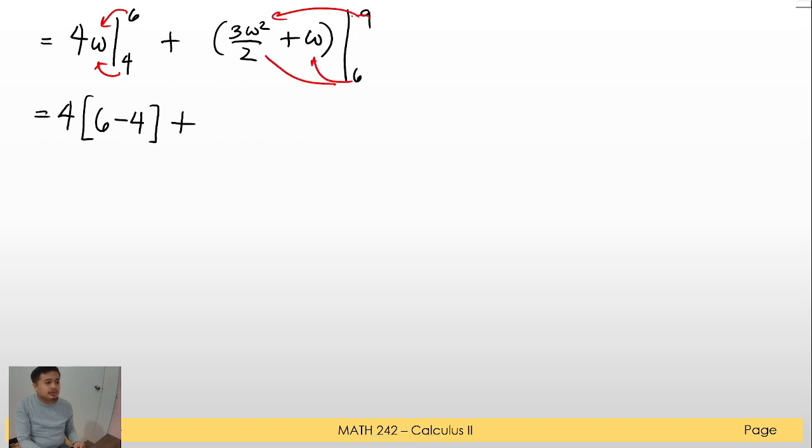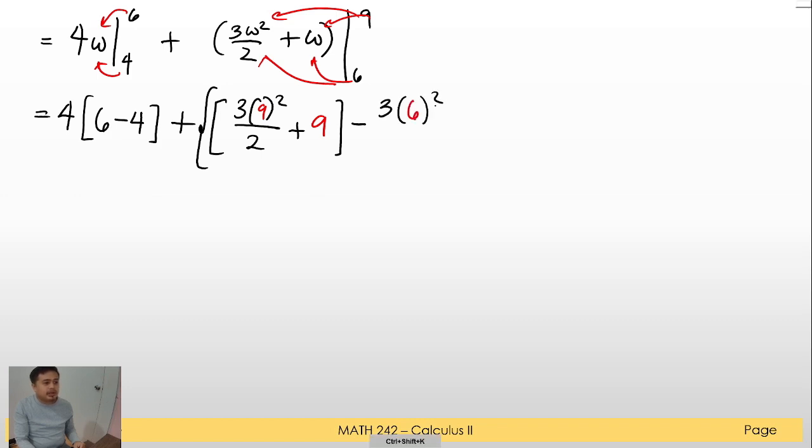So we have here 3 times 9 squared over 2 plus 9, and then minus 3 times 6 squared over 2 plus 6.